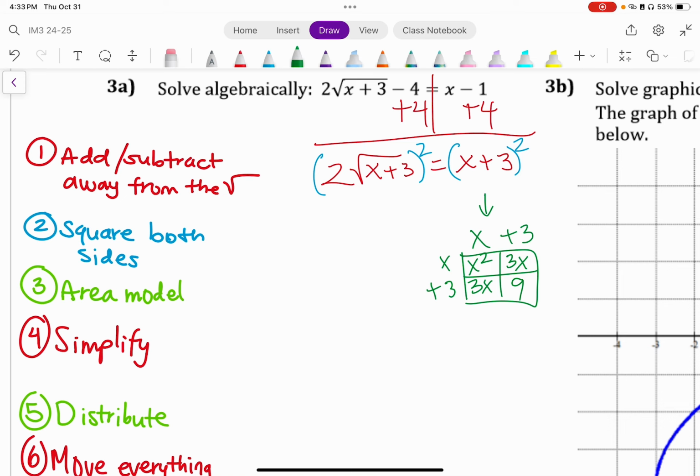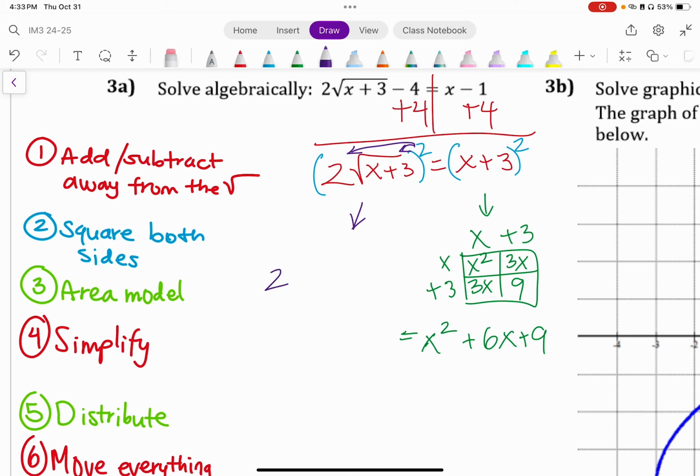Step 4 is to simplify what you get from the area model, which is going to be x squared plus 6x plus 9. Now, squaring this left side is a little challenging, but you essentially want to distribute the exponent to both of the terms inside of the parentheses.